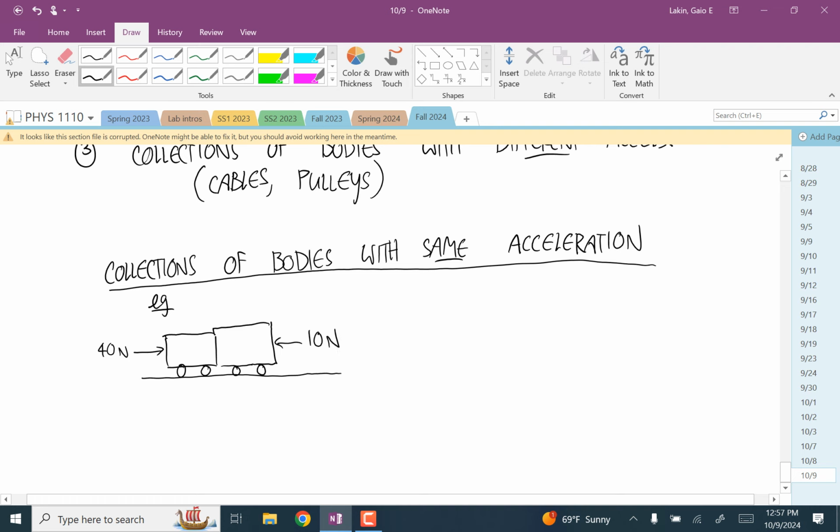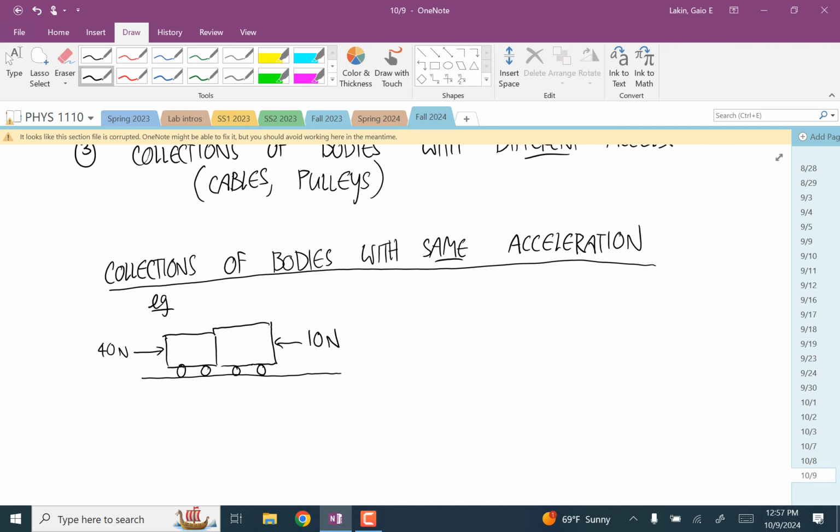And we're usually going to want to calculate the accelerations that these things have. Notice that since they're in contact, whatever they do, everything's going to do it the same way. You can't have one of those accelerating a lot and one accelerating a little. You could if they separated from each other, but the way those 2 forces are, it's going to be holding them together. Okay, so that's why those bodies have the same acceleration.